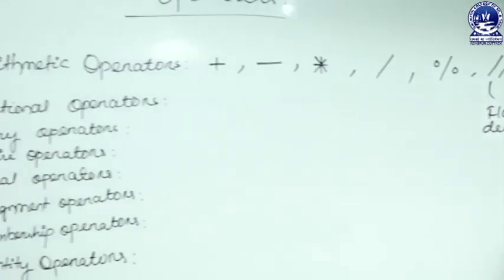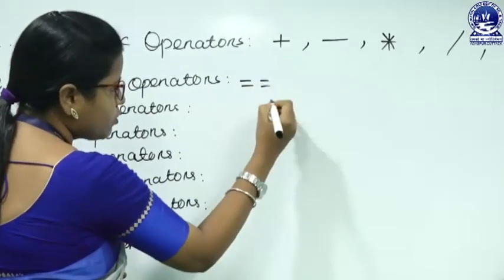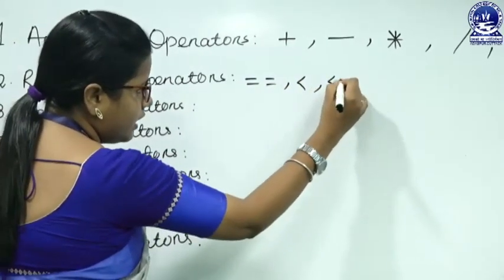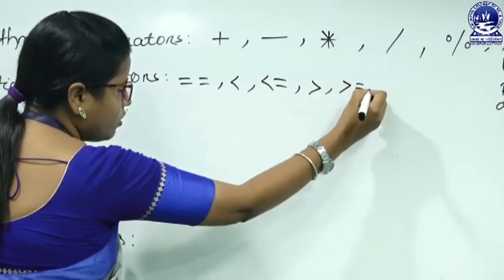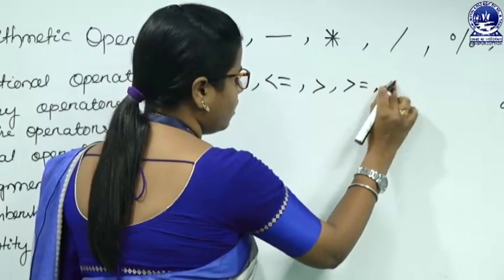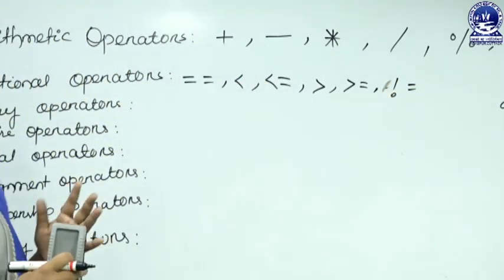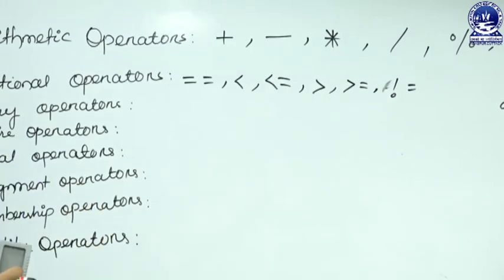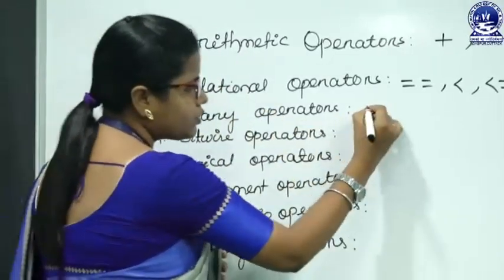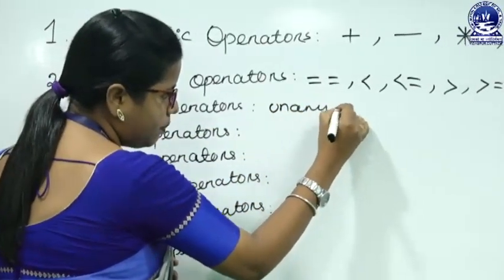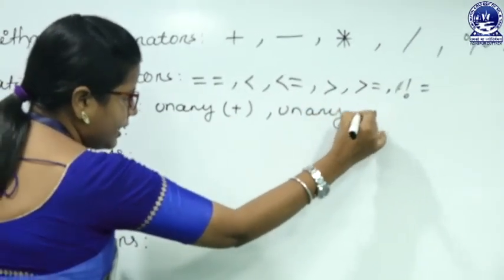Next we have relational operators. Relational operators are like double equals to, less than equals to, greater than equals to, and not equals to. These are the relational operators which we also have in C programming language. Next, unary operators. In case of unary operators, we have the unary plus operator and the unary minus operator.